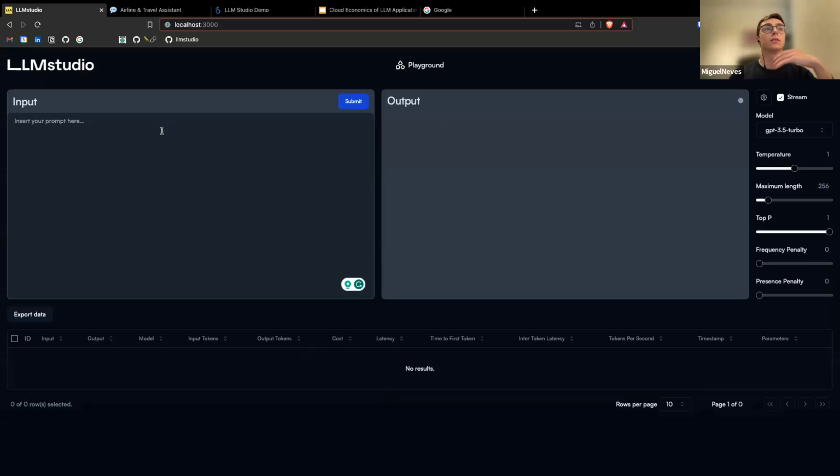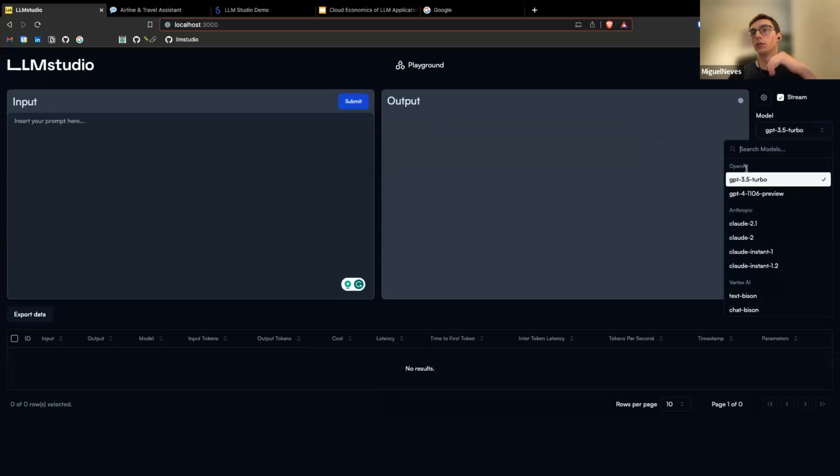Nice. So this is LLM Studio's UI. Let me just go over what it is real quickly. On the left, we can insert inputs, you get outputs, and importantly, you can choose your models. Do notice that you can choose models from different providers. So this abstracts the whole need for actually doing coding or researching into the architectures or the code of how to use each provider.